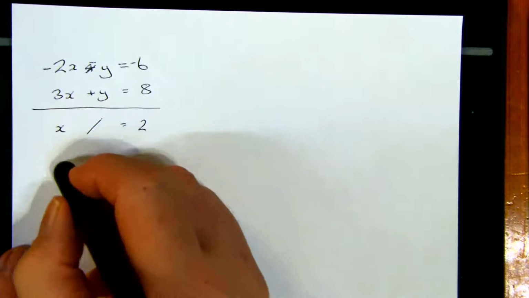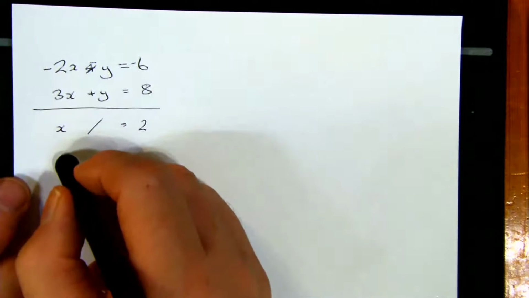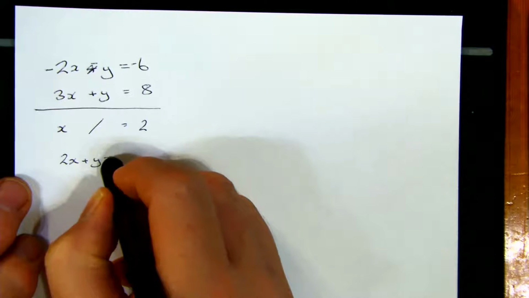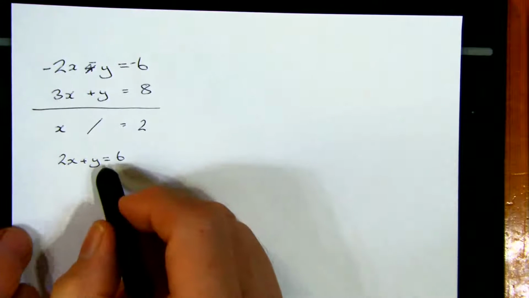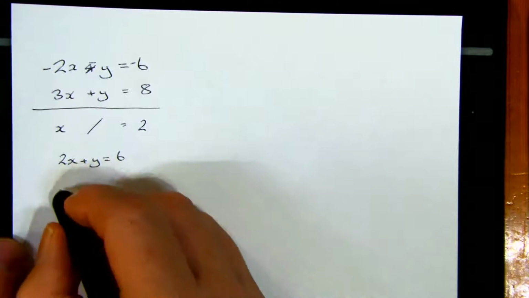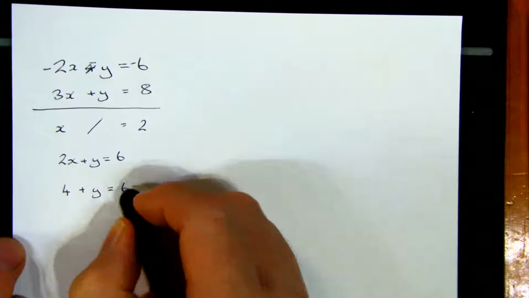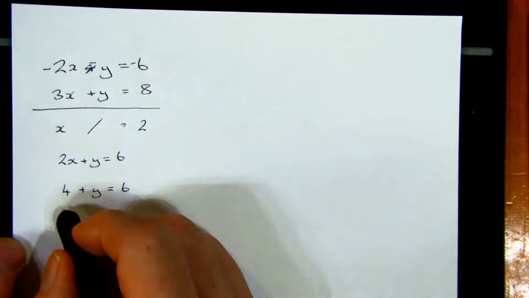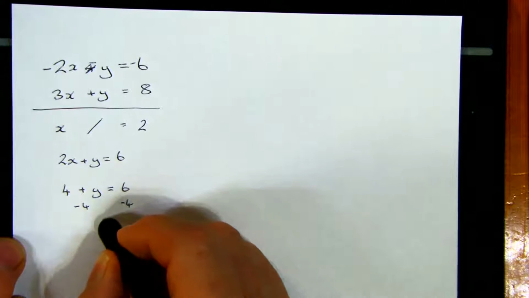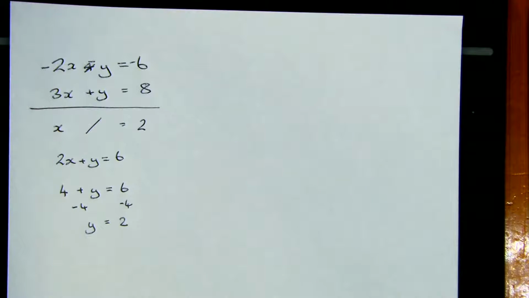We can substitute into the first equation where it wasn't negatives, where we didn't change the signs. So we can go back to the original there, and we can say x is 2. 2 2's are going to be 4, plus y equals 6. So therefore I can get minus 4 to both sides. So we get y equals 2.